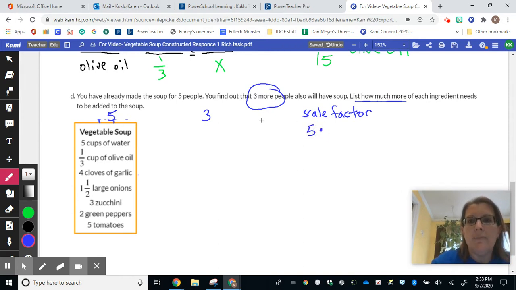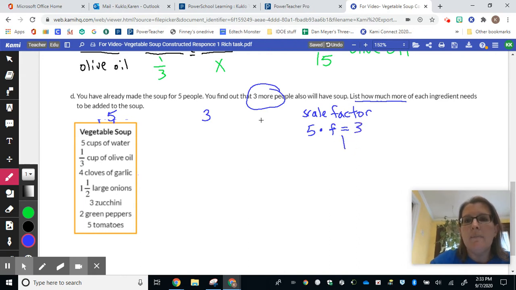So 5 times what? I'm going to start using a variable. I'm going to use F for scale factor, just so we can start thinking a little bit more about this as algebra. So 5 times the scale factor is 3. And I need to figure out what that scale factor is.